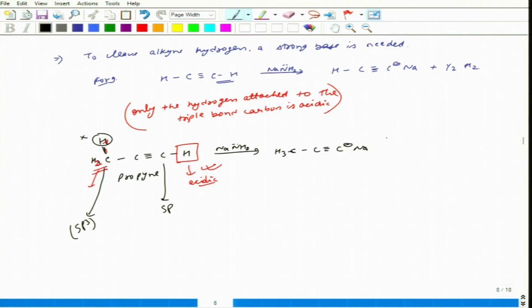So it will release NH3, not NH2, ammonia will be released. If I react with sodium, sodium is also a base, then it will form the salt.